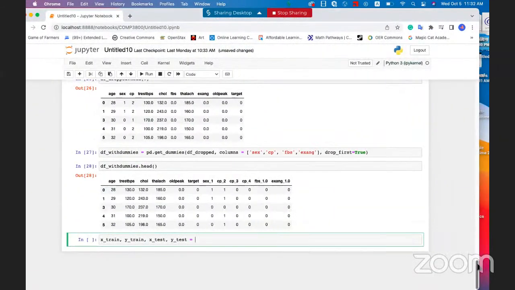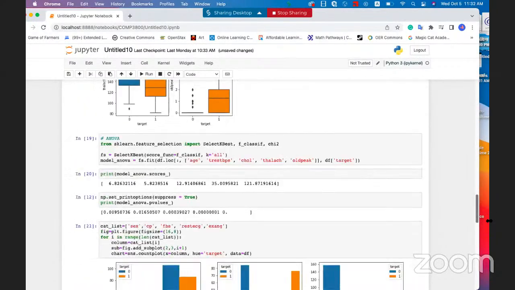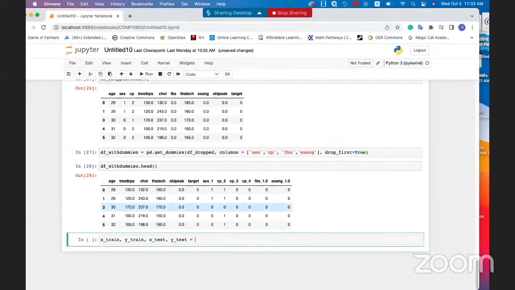So I import the library. Okay, I already imported. And then you give it the X and the Y you want to split, and then the test size usually is 0.2, and you keep 0.8, 80% of the data for the training data set.